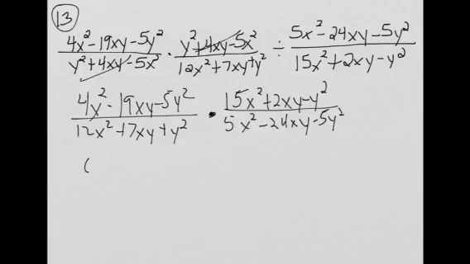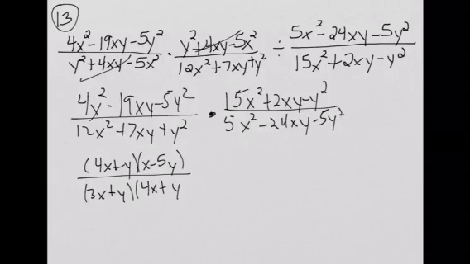So this top one factors into 4x plus y times x minus 5y. At the bottom, it factors into 3x plus y times 4x plus y.